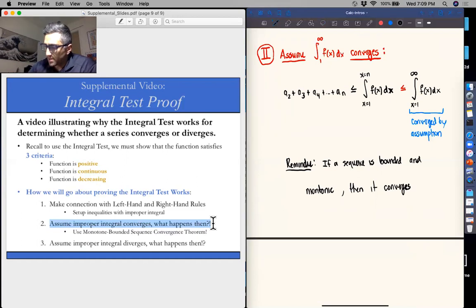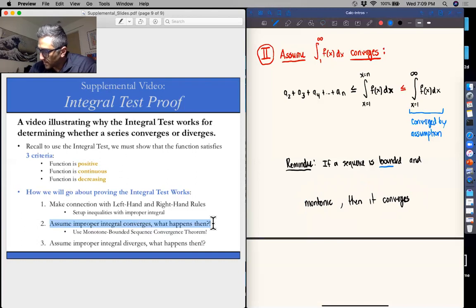So where we're going with this, as a quick spoiler, this bounded idea, the upper bound is basically going to be that improper integral that's convergent.